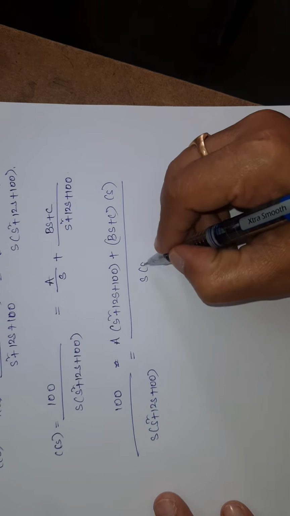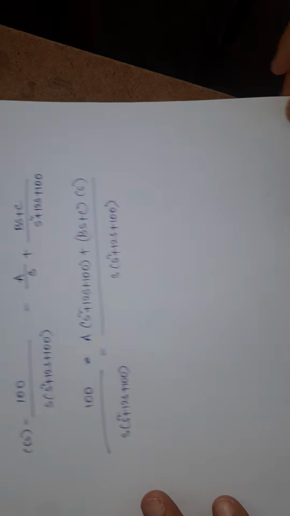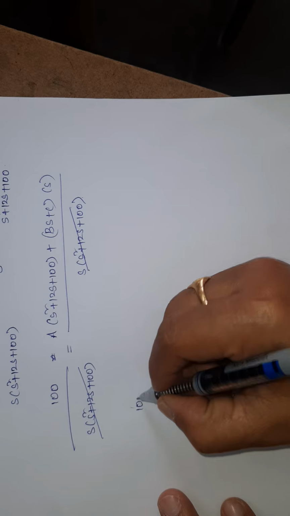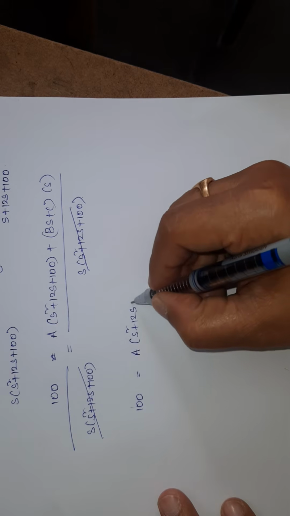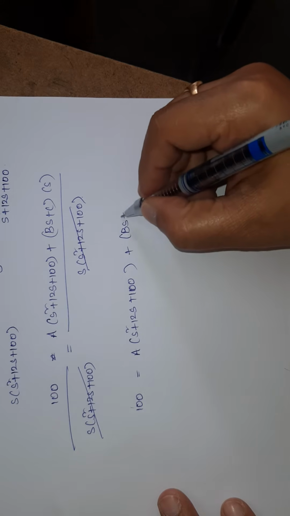The denominator will get cancelled. I will get 100 equal to a into s square plus 12s plus 100 plus bs plus c into s.